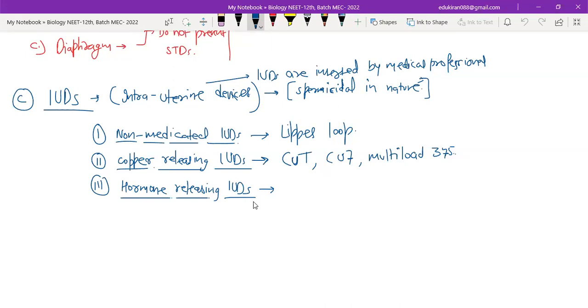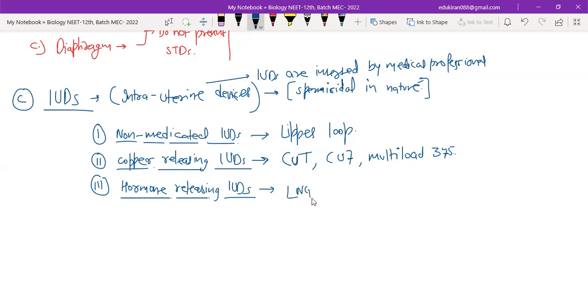So the hormone releasing IUDs increase the phagocytosis of sperms. The hormone releasing IUDs also make the uterus unsuitable for implantation.